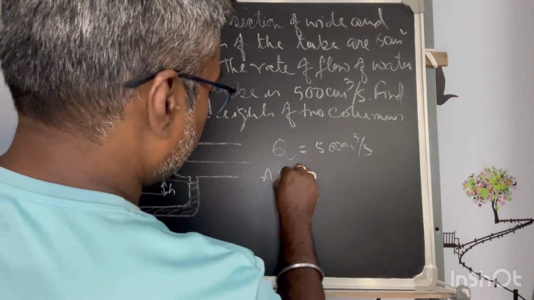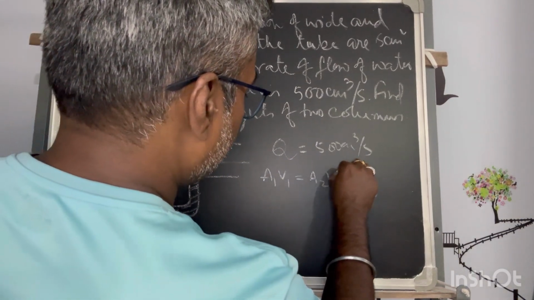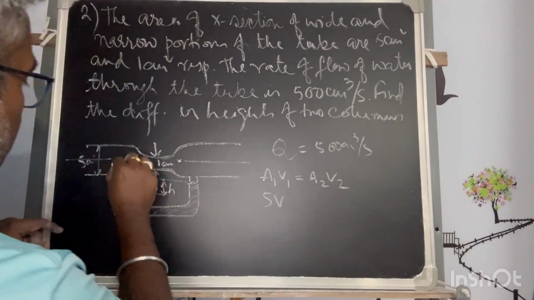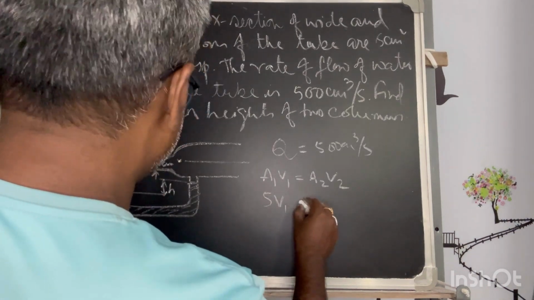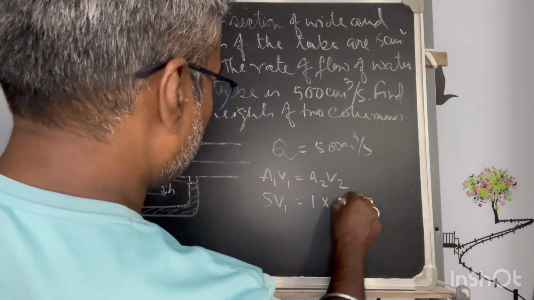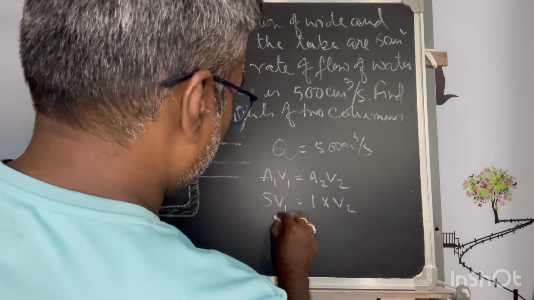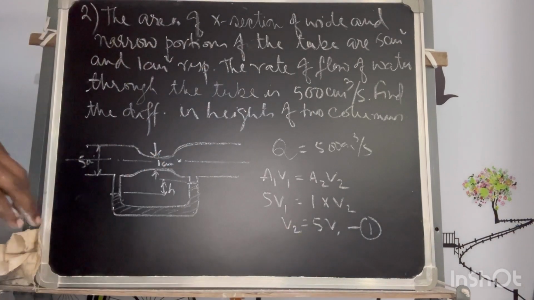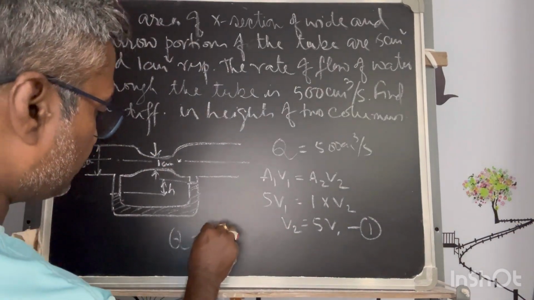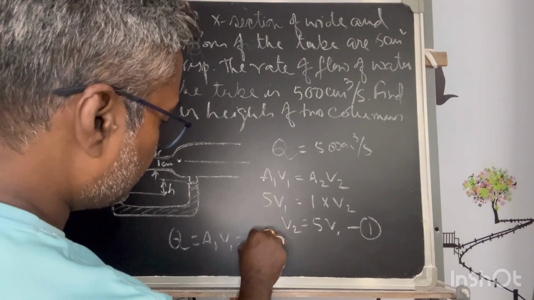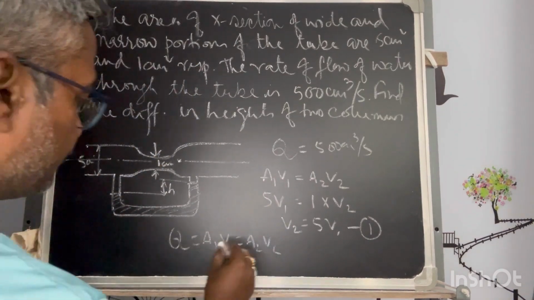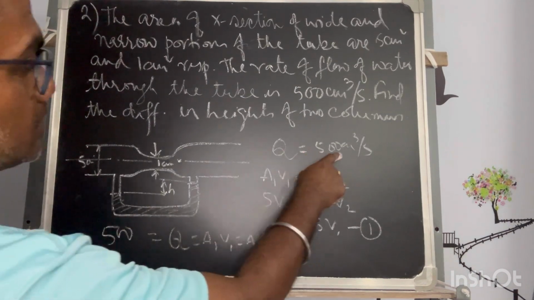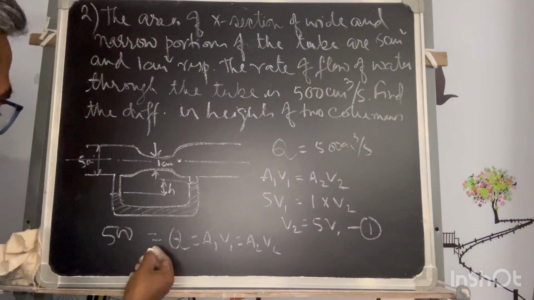So A1 V1 equals A2 V2, the continuity equation. Straight away you can use cross section area 5 times V1, let's say at this point is V1, you can assume, equal to 1 into the velocity V2. So what do you find? V2 is equal to 5 times V1. That is your first equation. And as Q is given, Q is equal to A1 V1 and A2 V2, that must be same. If we equalize this to 500 centimeter cube per second, the units are same.